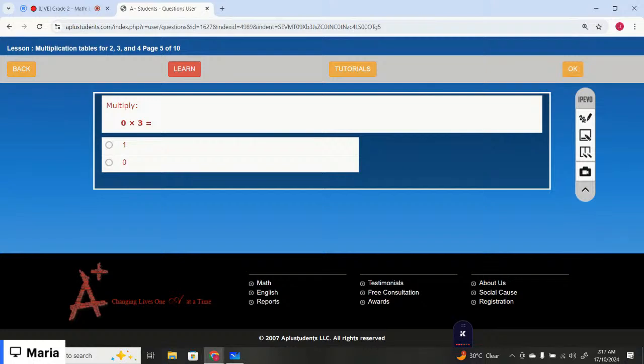The next one is 0 times 3, which is the correct option? Any number when multiplied by 0 makes it 0, right?